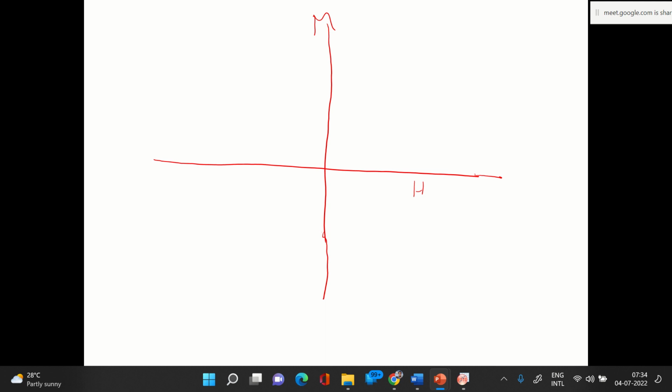Now I will define a few terms that appear in the M versus H curve. When you plot it, M is on the y-axis and the applied field H is on the x-axis.